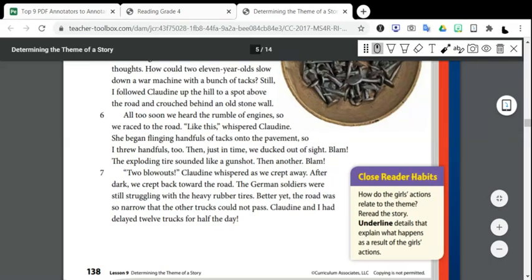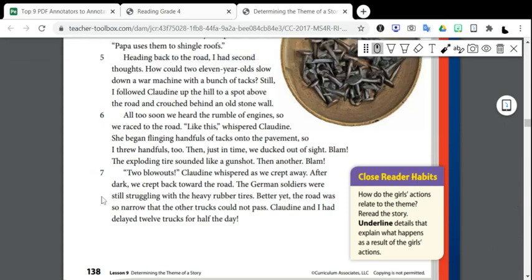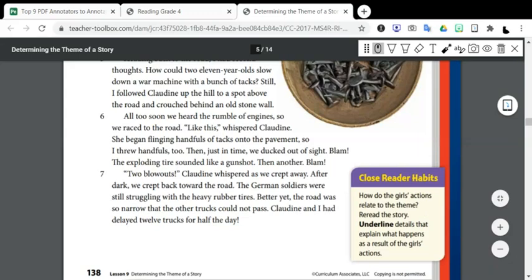These might work, she announced, holding out a can of short, extremely sharp steel tacks. Papa uses them to shingle roofs. Heading back to the road, I had second thoughts. How could two 11-year-olds slow down a war machine with a bunch of tacks? Still, I followed Claudine up the hill to a spot above the road and crouched behind an old stone wall.